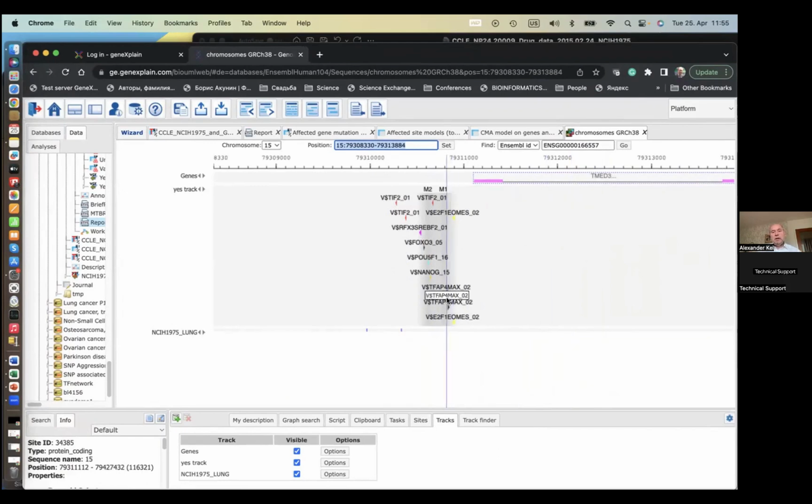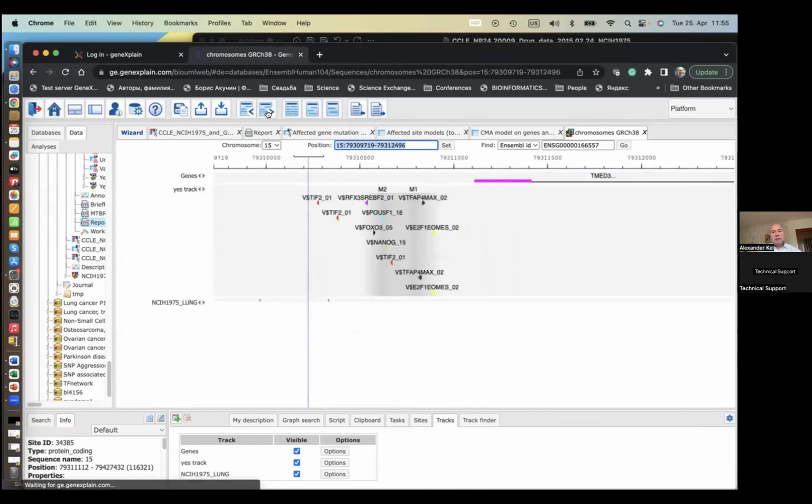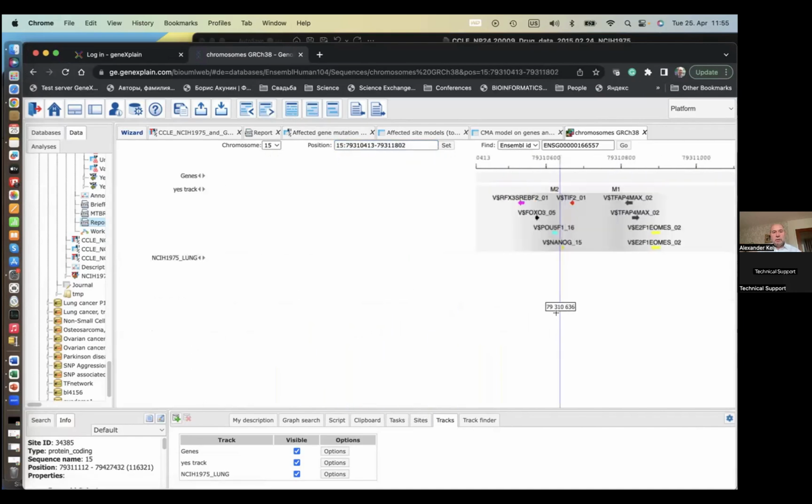But what you see here are those mutations which are located basically in the promoter or even further in the 5' region of that gene. They are located nearby, and then the system analyzed binding sites in that whole region and found a cluster of binding sites near this mutation. So we can have a look.